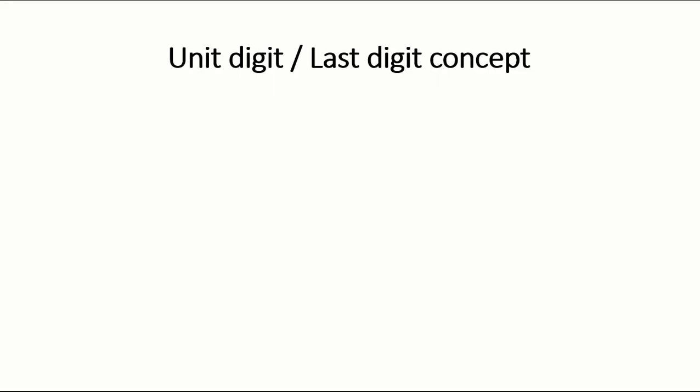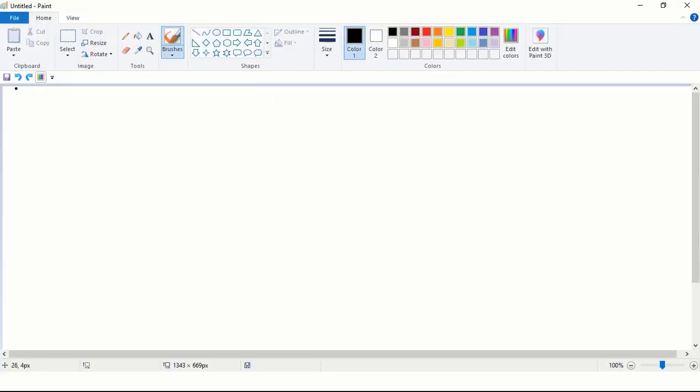Before going in depth into the concept, I want to show one example for better understanding. Suppose we have one number, 723 whole square. This is also known as an expression.